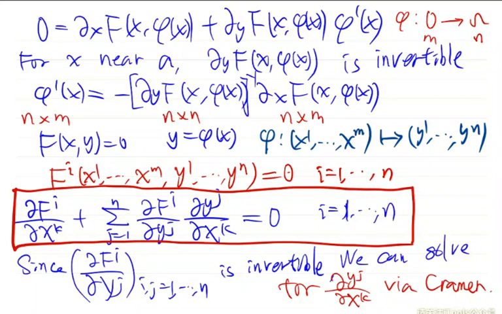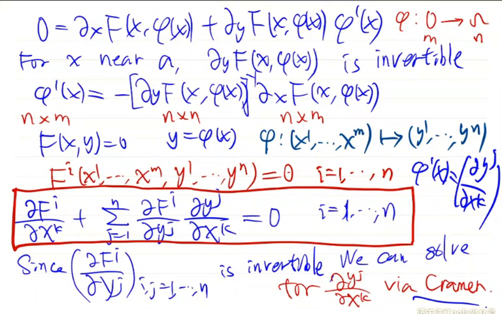Therefore, the derivative of phi at x actually is the matrix dyj/dxk. Okay, so having computed all the dyj/dxk using this method by Cramer law, we can eventually write down the derivative matrix of our implicitly obtained function phi.